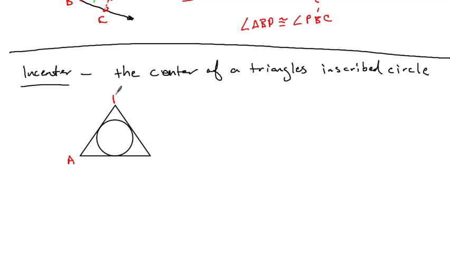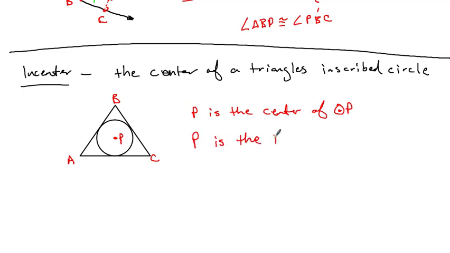So triangle A, B, C, and we have our center of our circle P. So P, again, is the center of circle P. P is the incenter of triangle ABC.